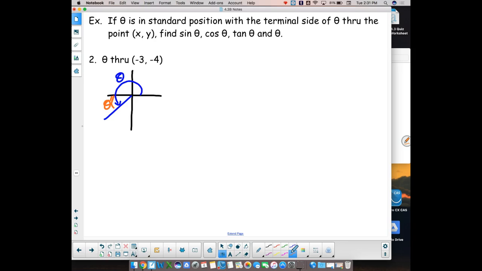So my triangle is going to look like that. This will be my reference angle, always coming off of the horizontal. This will be 3, and this will be 4, which makes my R value equal to 5.